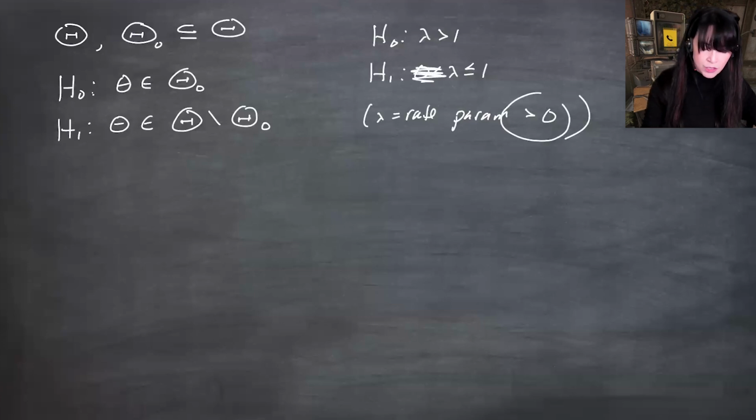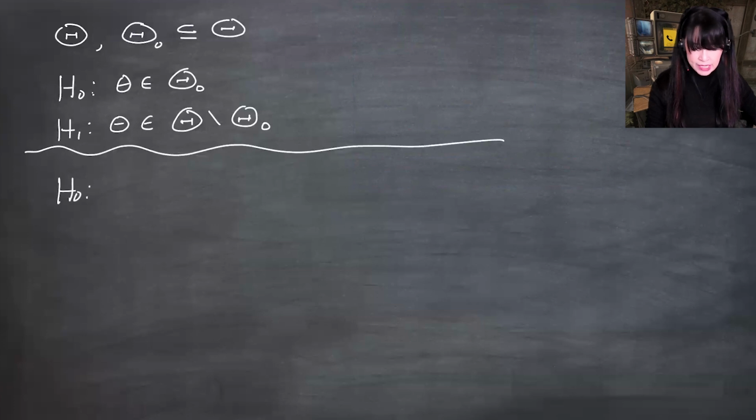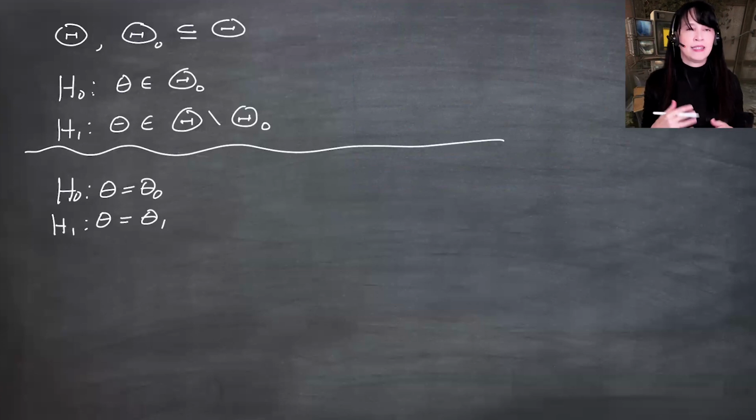We probably won't even bother writing this, but you do have to keep that in mind when you're doing the problems. So we have started out by looking at simple versus simple hypotheses. We're looking at the null hypothesis that theta equals theta naught versus the alternative that theta equals theta 1. You'll recall simple hypotheses are not completely defined by having equal signs, but a hypothesis is simple if, when you know it's true, you have completely determined the distribution that your data has come from.